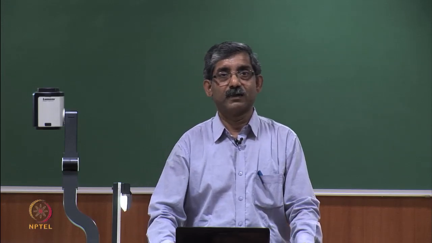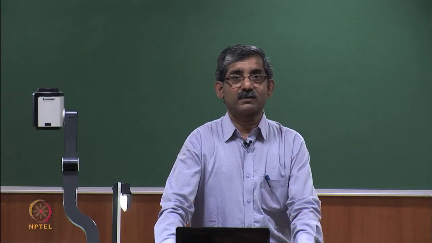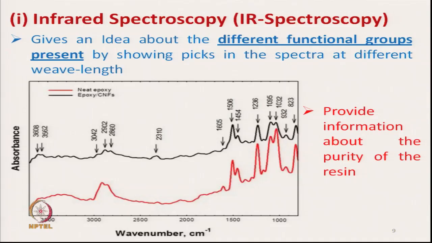Now, first let us start with IR spectroscopy. What is IR spectroscopy? It gives an idea about the different functional groups present by showing peaks in the spectra at different wavelengths. The x axis shows the different wavelengths, and the y axis shows the absorbance.